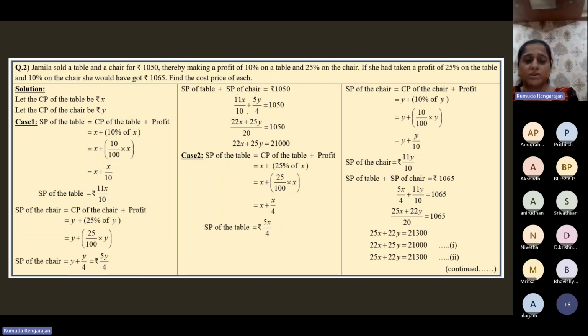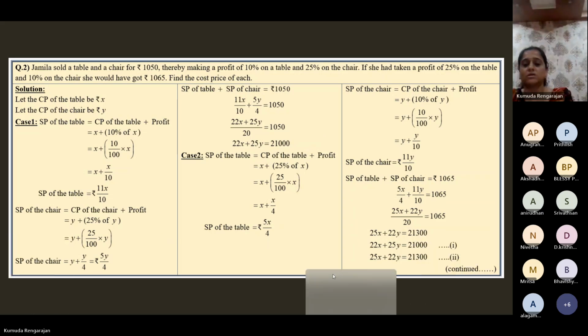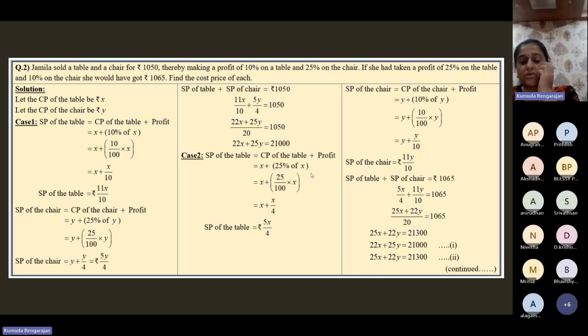Take the common denominator, LCM, cross multiply, and this is the equation you have. In the same way, work the second case. And then we'll see how to solve the two equations to find the values of X and Y.